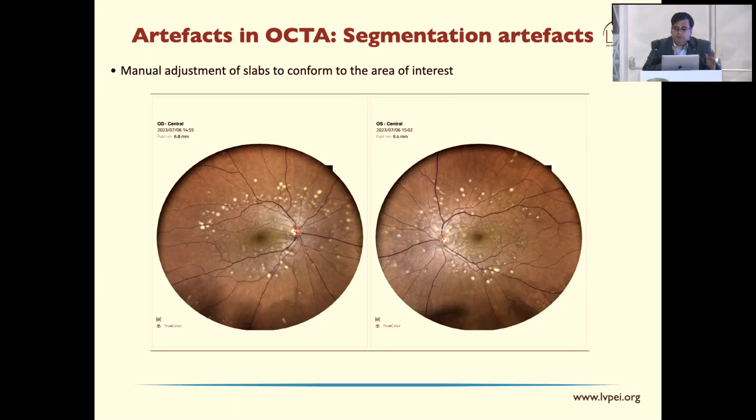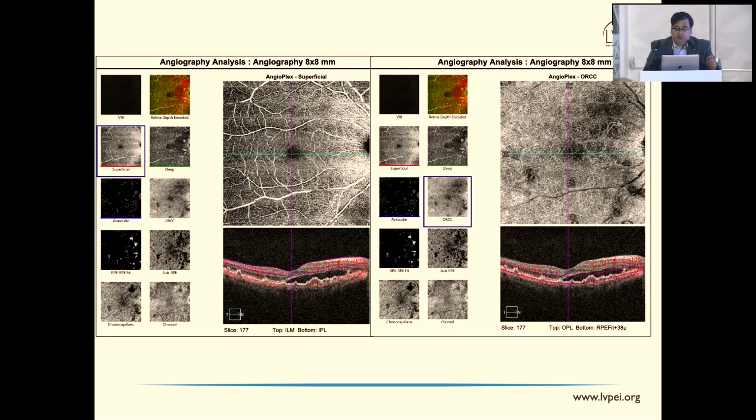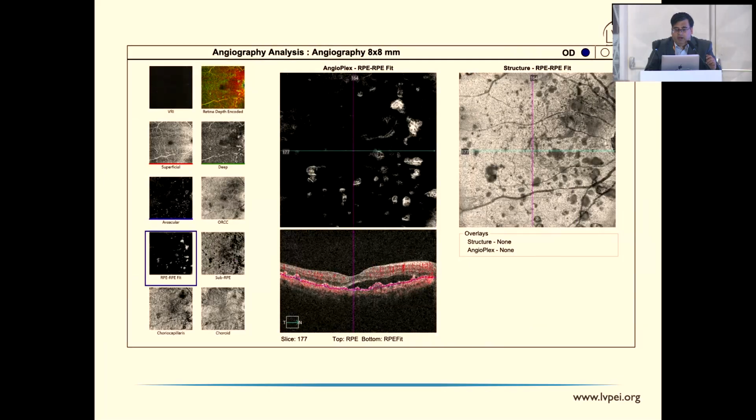Another patient who had multiple nice drusen on the retina. This is a false color image photograph showing multiple PEDs in both eyes. This is the right eye, superficial and the ORCC complex showing these multiple PEDs, but we could barely pick up some kind of a network forming in the ORCC slab here. We went back and did a good segmentation of RPE fit.